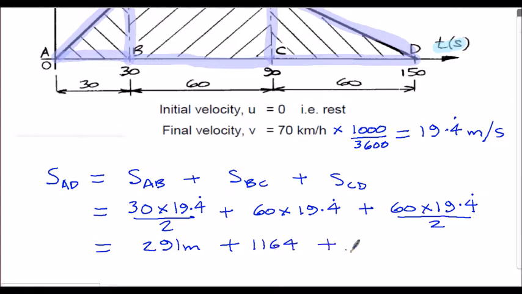And then for my deceleration phase, I've labelled C to D. I've got 584 metres. So hopefully getting something similar. So total that up, get 2,039 actually here metres. Probably a little bit of rounding there. So somebody getting 2,040, that's fine.